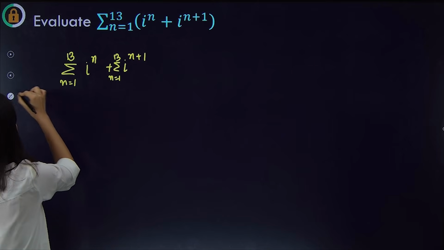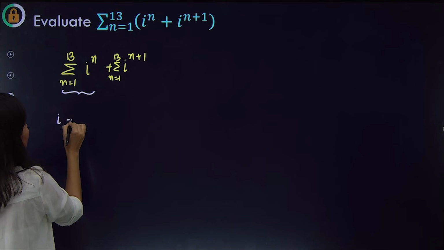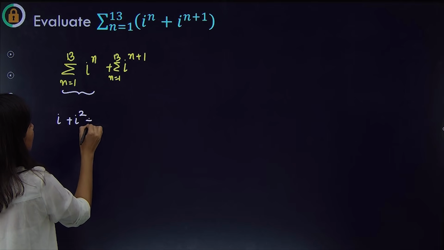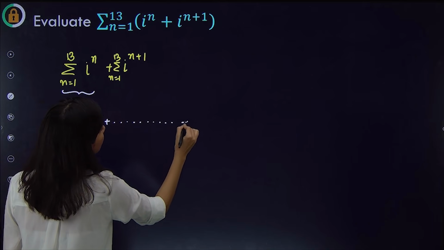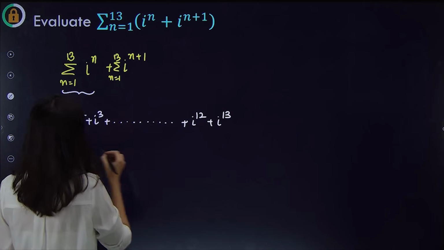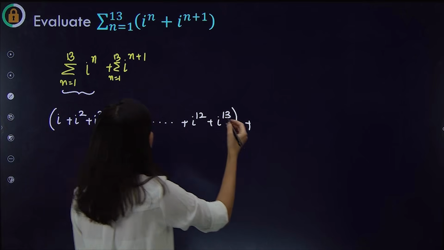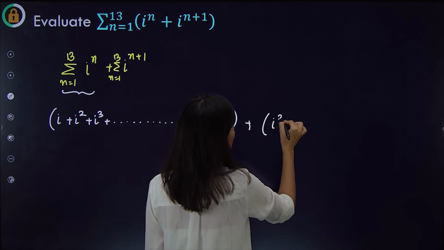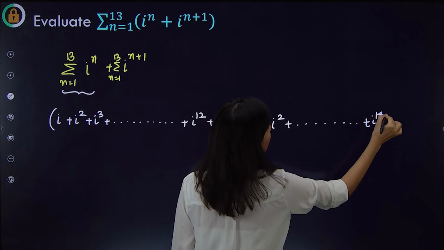So now these 2 terms are getting created. What about this? So iota power 1 plus iota square plus iota cube and all the way up to iota power 12 and iota power 13. This is the first thing. Plus the second thing will be iota power n plus 1, so it starts with iota square and it ends with iota power 14.